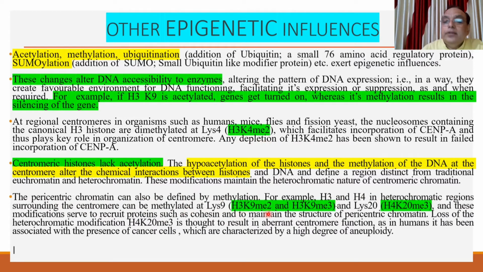That is, the 9th lysine from the N terminal is dimethylated, and the 9th lysine also gets trimethylated. So there is dimethylation of lysine 9 in canonical H3, and in canonical H4, it is lysine 20, that is the 20th lysine, that remains trimethylated.